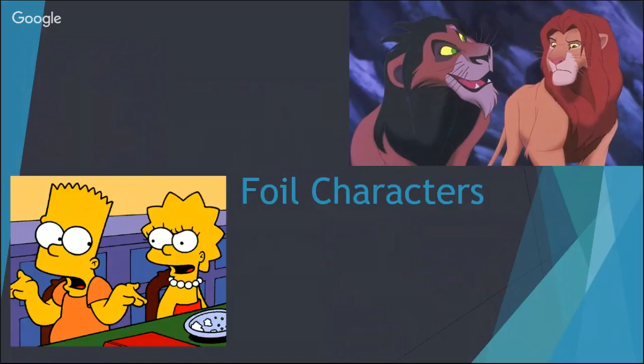Wait a minute, did I mix those up? Mufasa and Scar? Anyways, one's good, one's bad, and by putting them next to each other and having them interact, it makes one seem more good and one seem more evil, for instance.